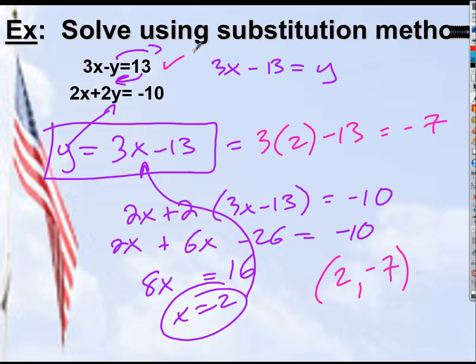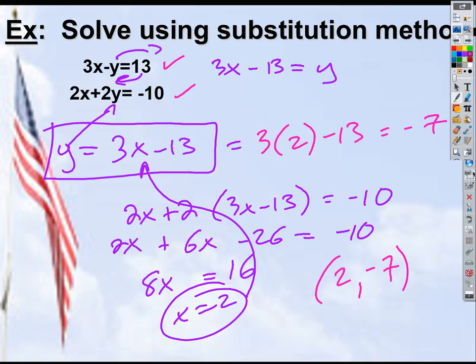We done? Good enough? Oh. It's gotta work in both, right? You gotta check both. How about down here? 2 times 2 is 4, plus 2 times -7, what's that? So 4 minus 14, -10, check. We know we got it. Perfect. Okay, good. All right.